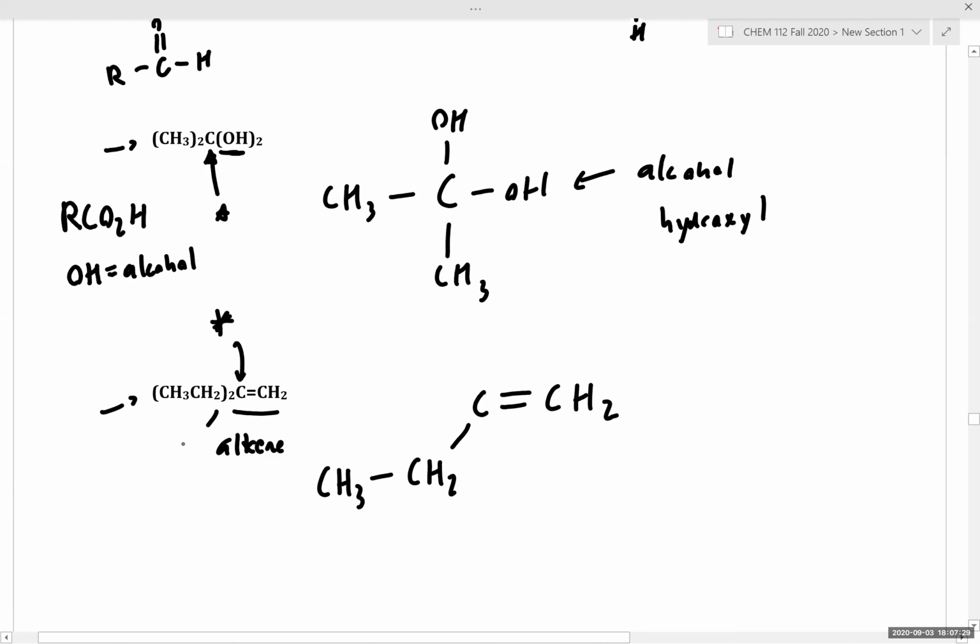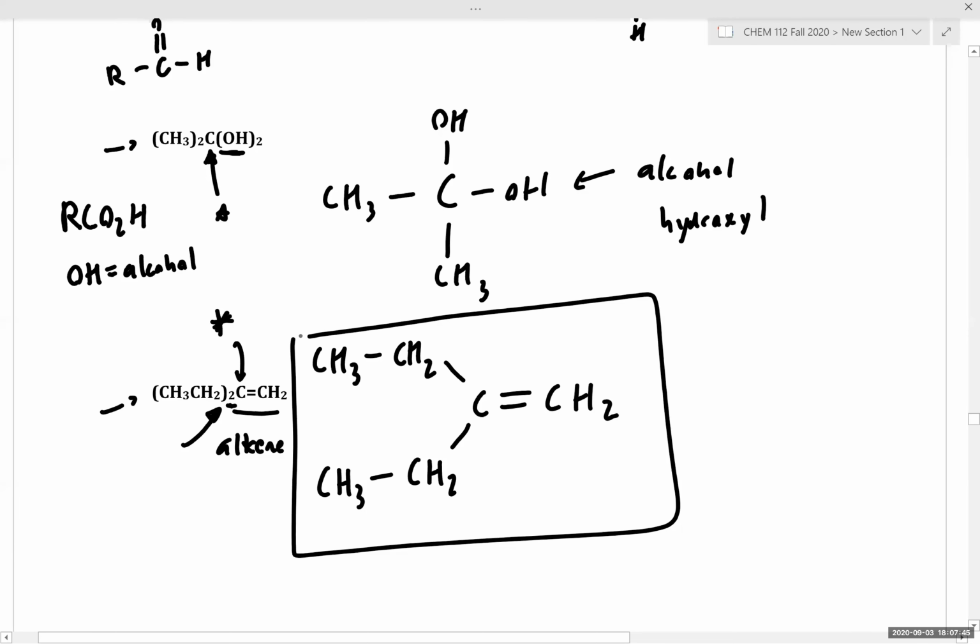We have an ethyl group. And how many of these groups do we have? 2. So all we have to do is just draw a second ethyl group. And this gives us a valid structure for the following molecule.